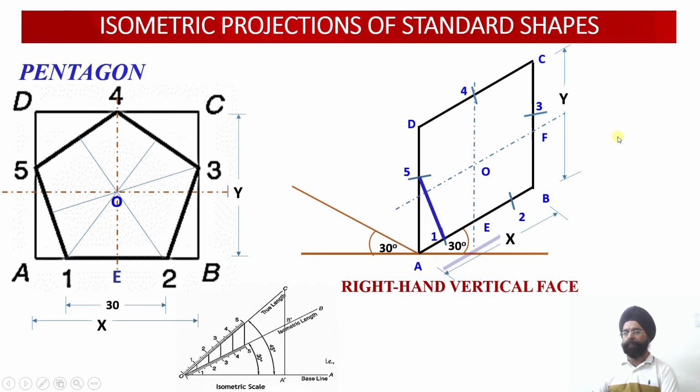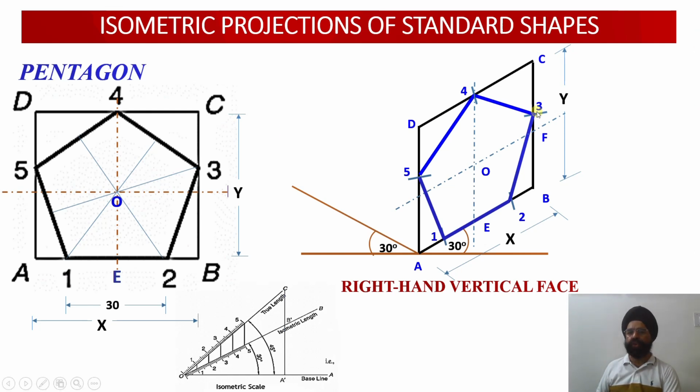So all the 5 points, they have been worked out, and we are able to obtain a pentagonal face which is facing the right hand side. So we call it right hand vertical face for the pentagon.